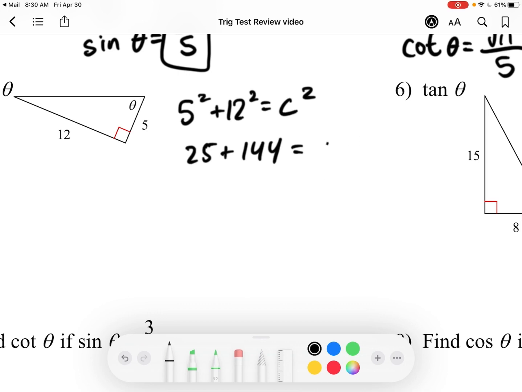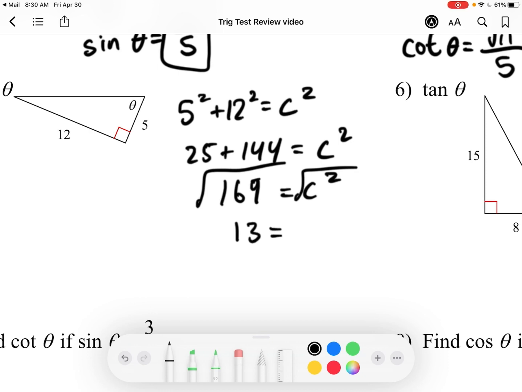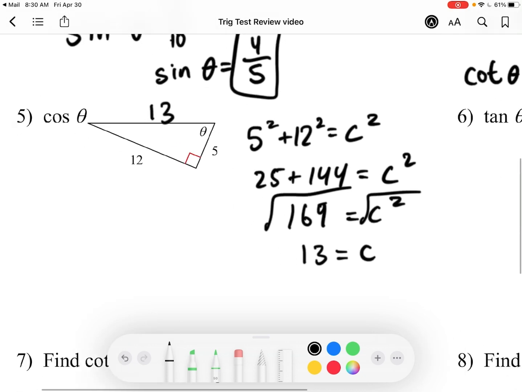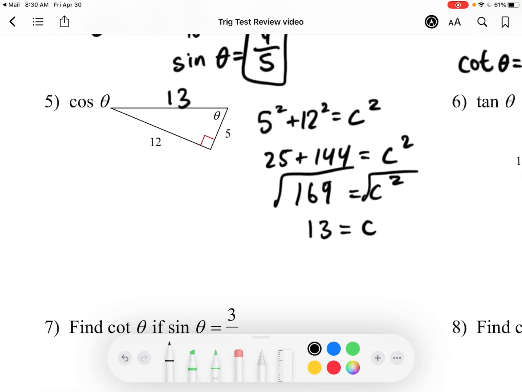This is supposed to say equals c squared, right? So now 25 plus 144 was 169 is equal to c squared. We take the square root of both sides, and the square root of 169 is 13, so we get 13 is equal to c. So this is our hypotenuse.